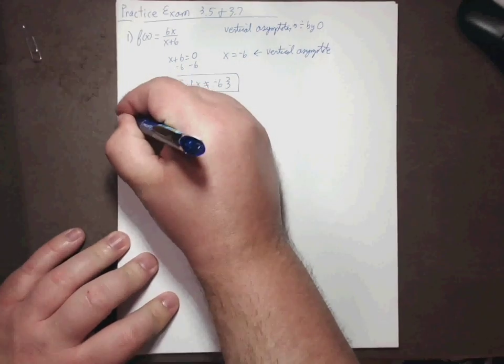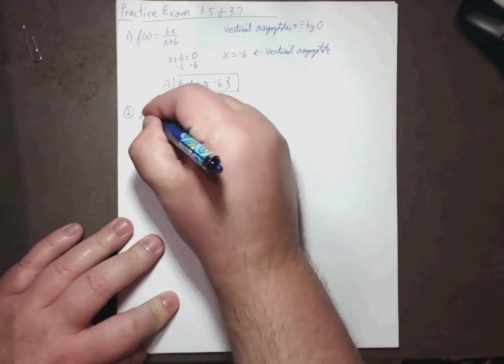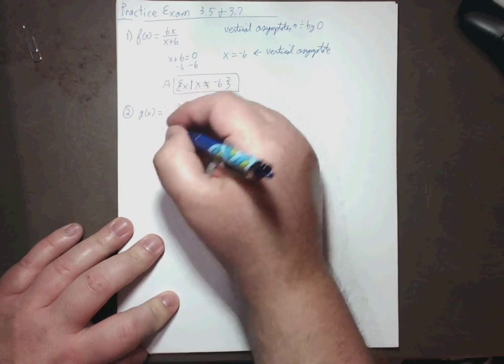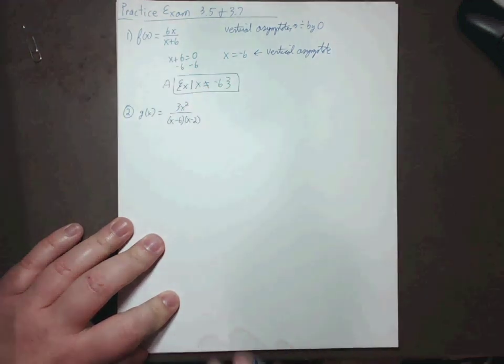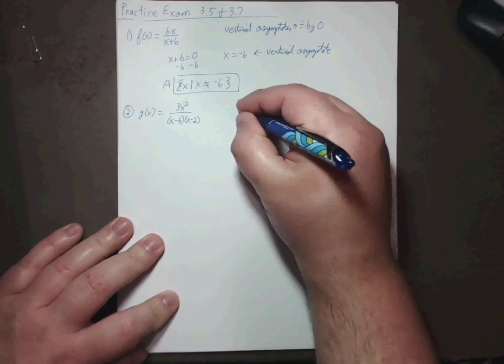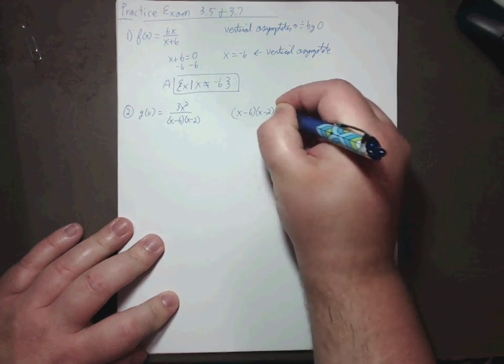Now, number 2. g of x equals 3x squared over x minus 6 times x minus 2. You're going to do the same thing. You're going to set the denominator equal to 0. x minus 6 times x minus 2 equals 0.